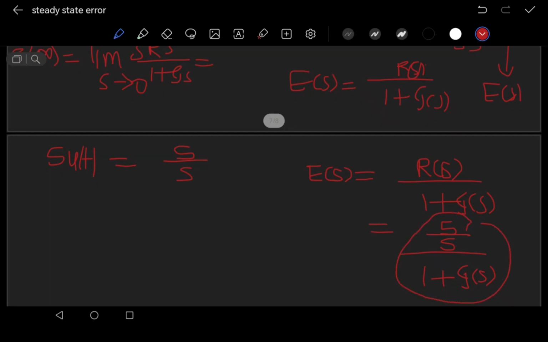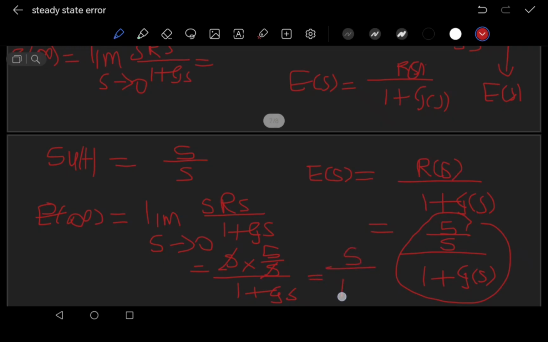We have to take this to the real equation that says e is equal to limit s approaches 0, s r of s over 1 plus g. So we're going to say s multiplied by 5 over s divided by 1 plus g of s. So this and this will cancel. We'll be left with 5 over 1 plus g of s, right?